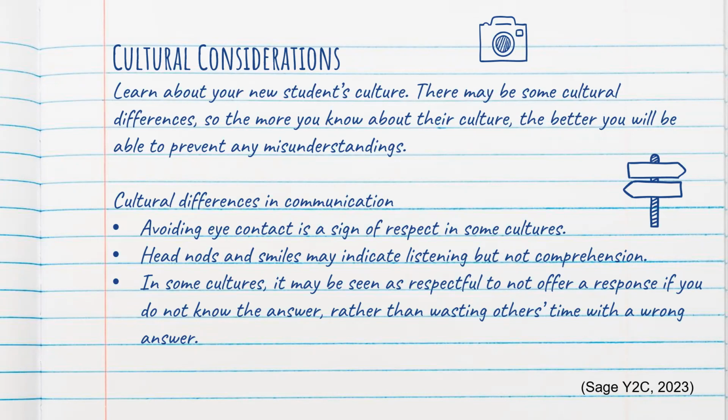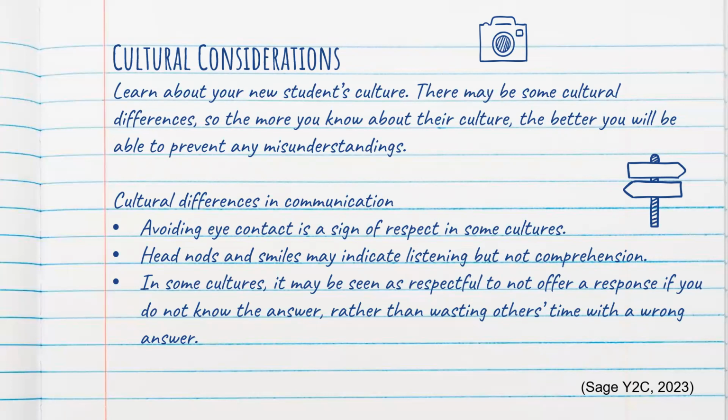So if you understand that in their culture, maybe avoiding eye contact is actually a sign of respect and a sign that they are listening, you will understand that they're not meaning to look like they are not being respectful or not listening.